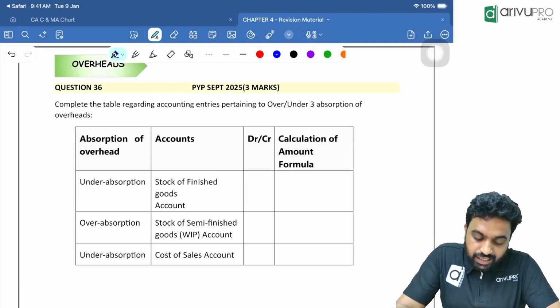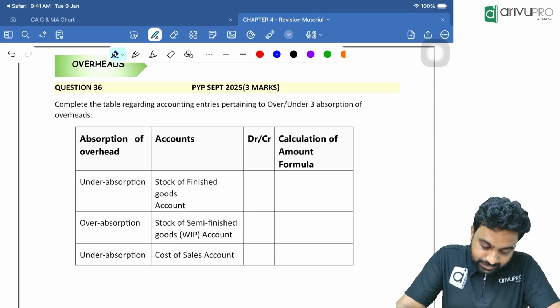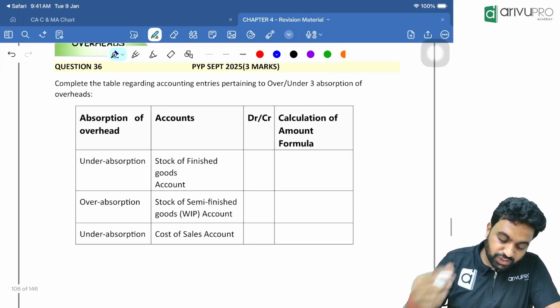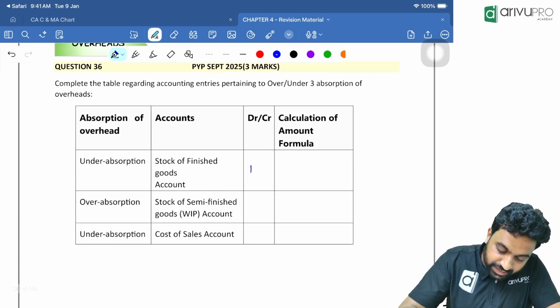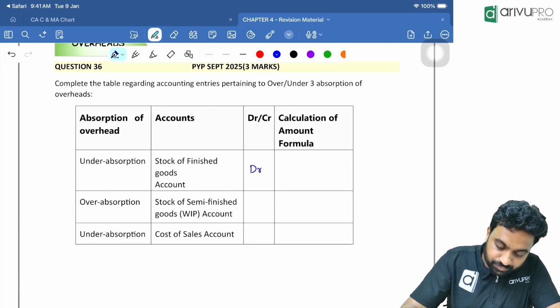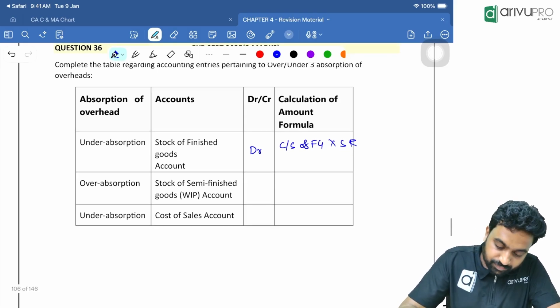Complete the table regarding accounting entries pertaining to over or under absorption of overheads. Under absorption, stock of finished goods account, what should we do? We should debit it. Correct? How to calculate the amount? Closing stock of finished goods multiplied with the supplementary rate. Over absorption, credit. How to calculate the amount?